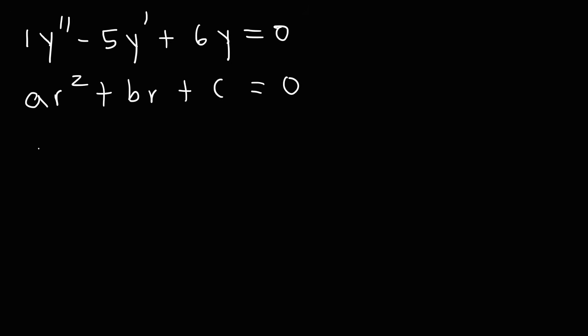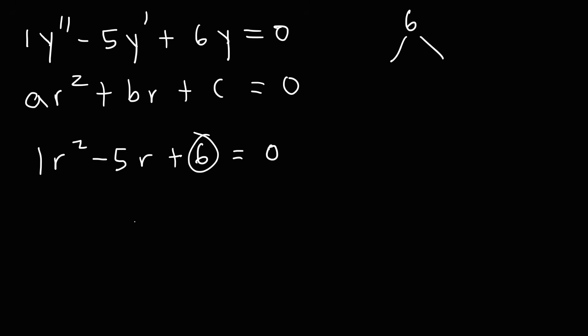So replacing those values, we're going to have 1r squared minus 5r plus 6 is equal to 0. Now, for this quadratic expression, we don't need to use the quadratic formula. We could simply factor it. So we need to find two numbers that multiply to the constant term but add to the middle coefficient.